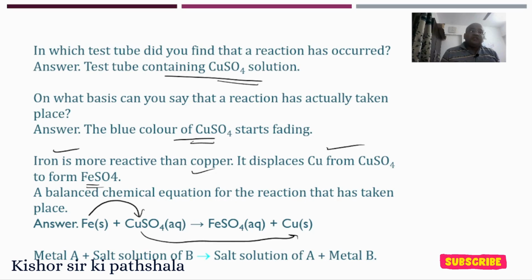So metal A is more reactive, and that's the reason it displaces another metal which is less reactive than it from its salt solution. A salt solution of metal A is formed and metal B is displaced. So metal A is more powerful than metal B.